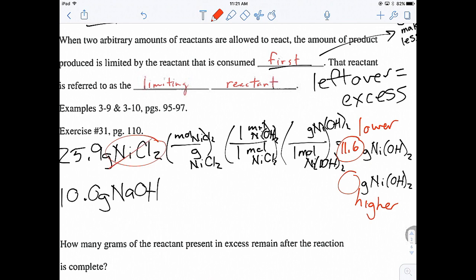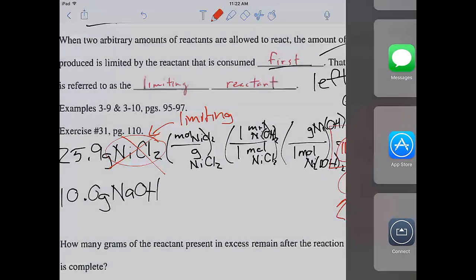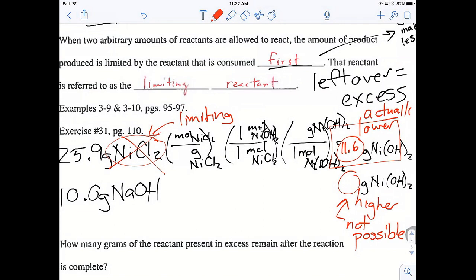If we have no more nickel chloride, the reaction stops, and this higher amount is not possible for us to make because we've run out of nickel chloride. So we would identify this as the limiting reactant, this as what is actually produced, and this as the excess reactant.